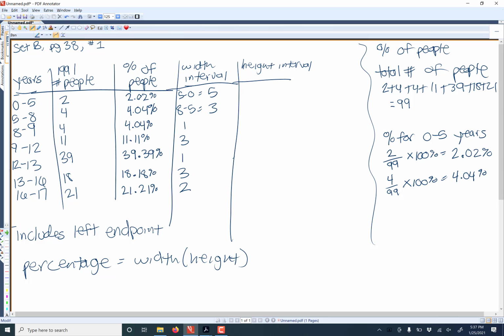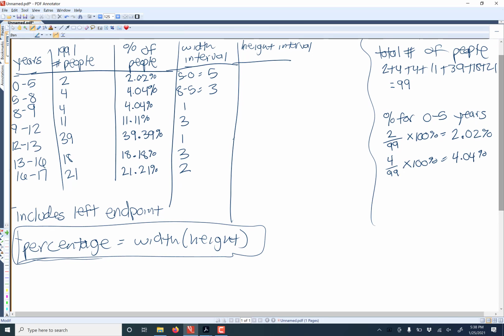Now for the height of the interval. This is the part that we really focus on in this class. How do you find the height? On your formula sheet, this is the formula that will be on your formula sheet. I am not allowed to give you a lot of formulas on the formula sheet, so we just have this one, and you have to work from here. The percentage, or the area of a rectangle, is width times height.